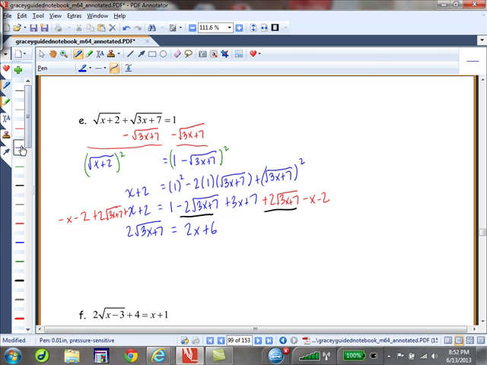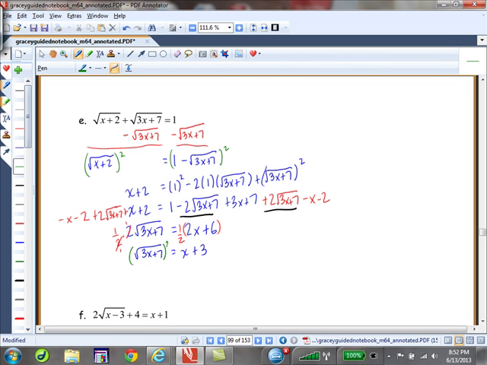Okay, so here we go. If I multiply both sides by 1/2, then the 2's will divide out on this side, and I'll just end up with the square root of 3x plus 7. When I distribute the 1/2, I'll get 1x plus 3.